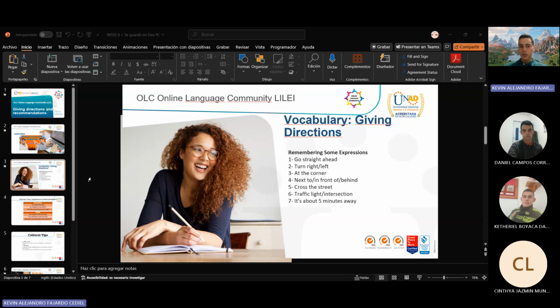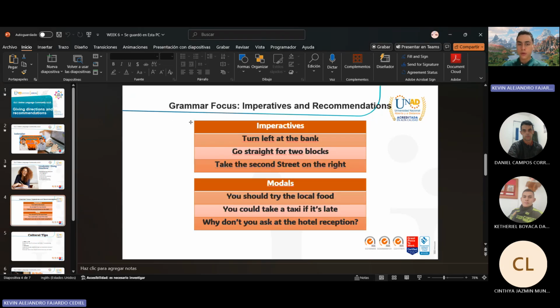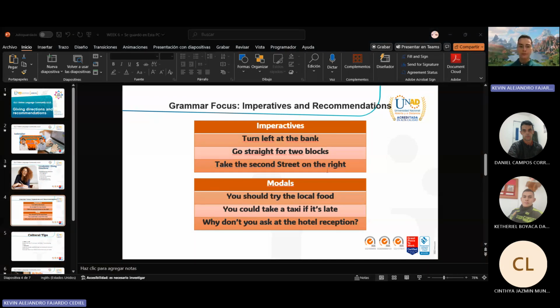Okay. So the next is grammar focus: imperatives and recommendations. The imperative is like a command. These are used when we are giving directions, and this is something that you have to know.